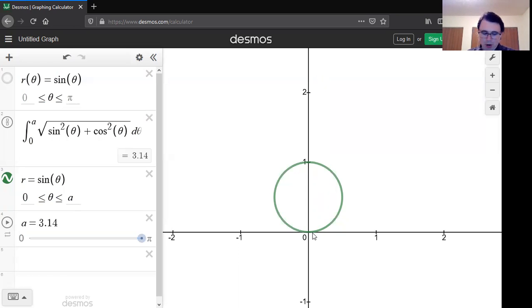Now, when we are working with arc length formulas, it's very easy to end up with an integral that does not have an easy antiderivative. And in those cases, it makes a bit more sense to rely on computer assistance.